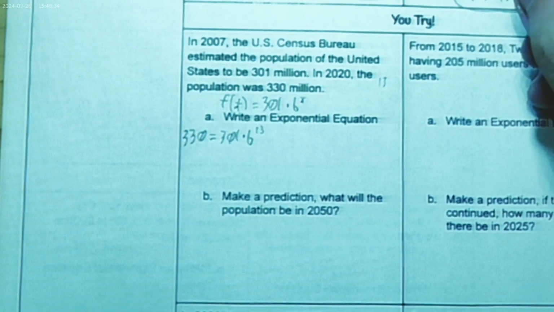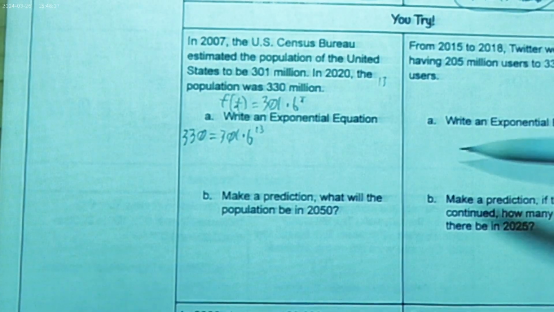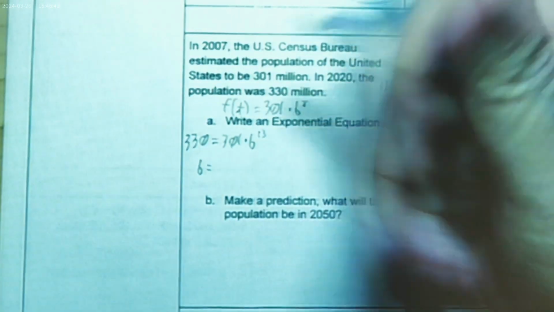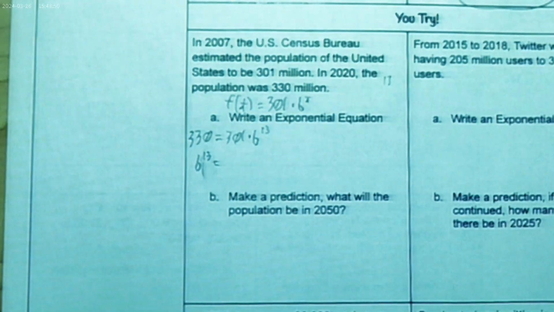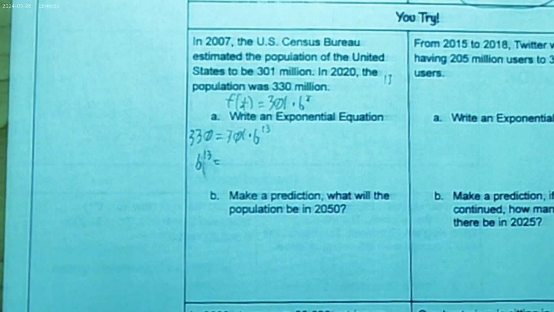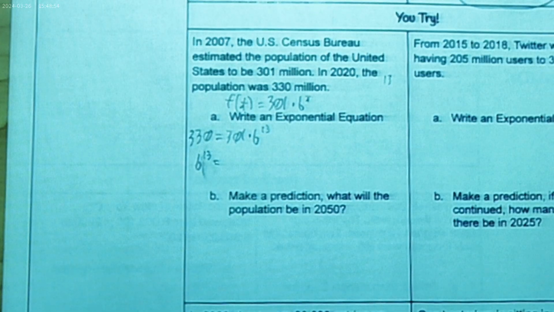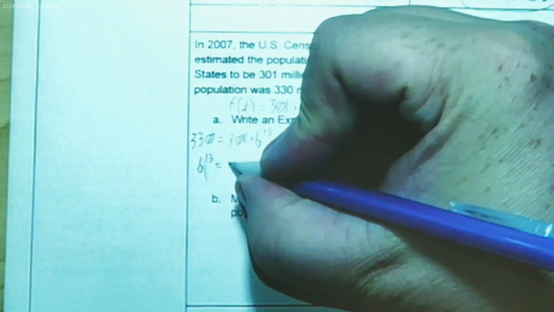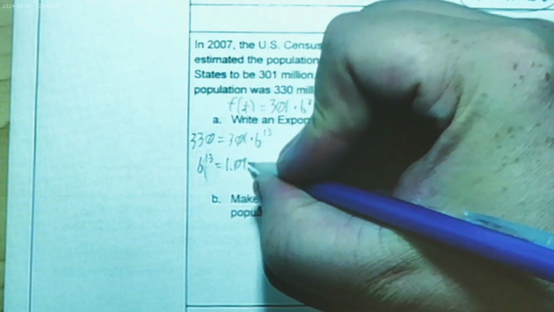I'm going to divide both sides by 301, and I'll do it off camera and write down the answer, because you hopefully understand where some of these numbers are coming from by now. b to the 13 equals 1.096.